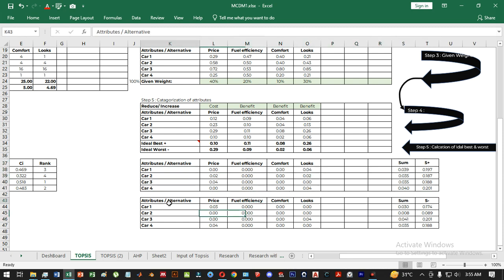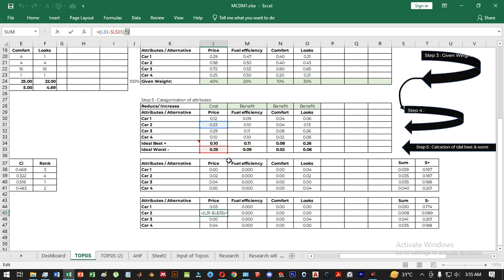Then we move to the ideal worst, and we subtract every number from the ideal worst and put it in the cells. As you can see, every number is given here the same way as before.